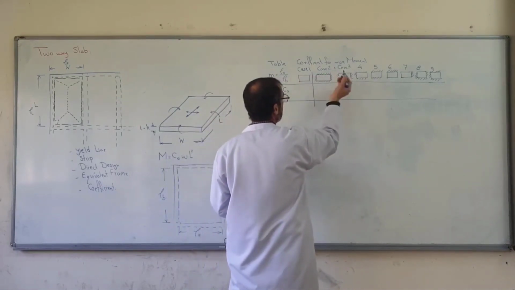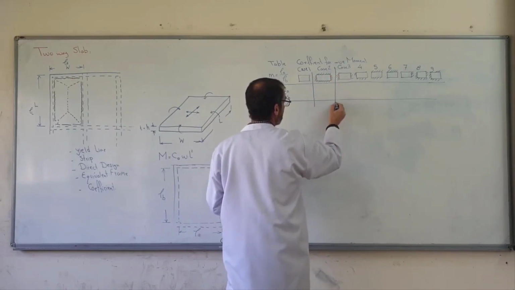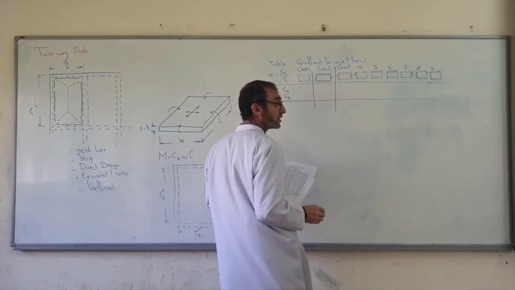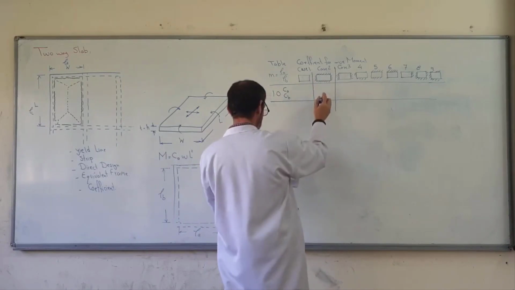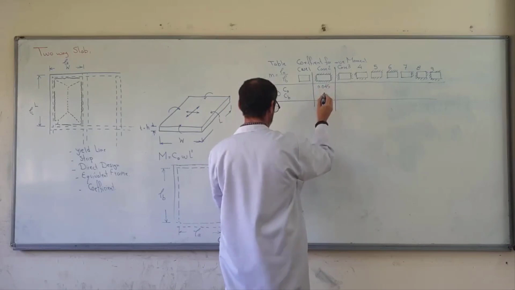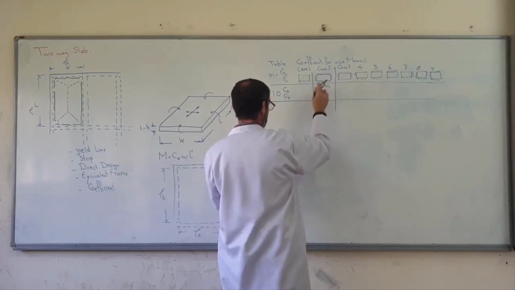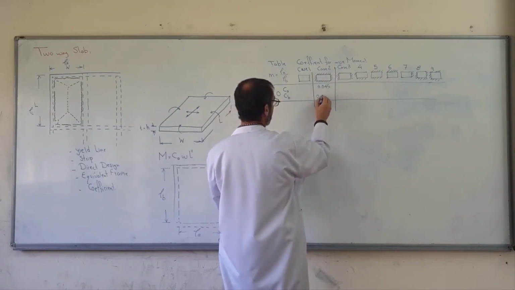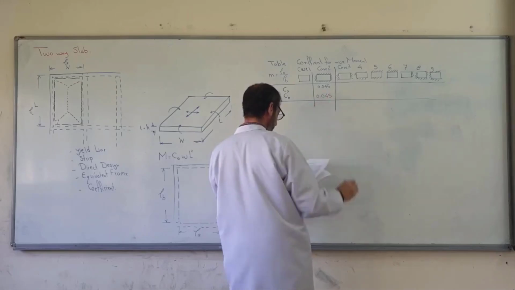Here, simply supported, moment 0. Here, continuous on 4 sides. Then in the short direction, the coefficient is equal to 0.045. In the long direction, the coefficient is also equal to 0.045. Here they are equal.